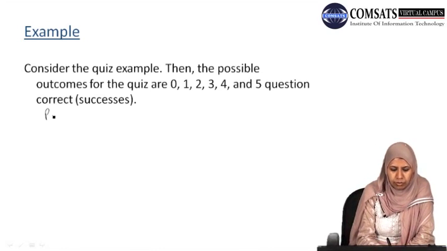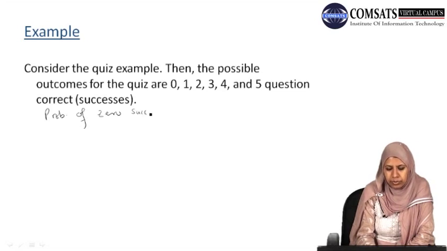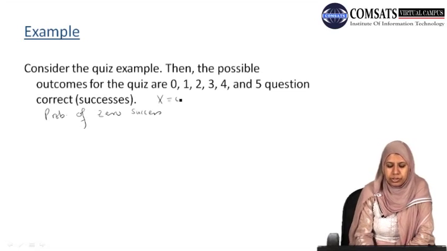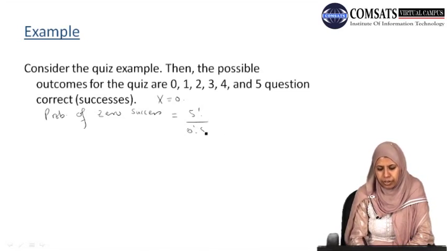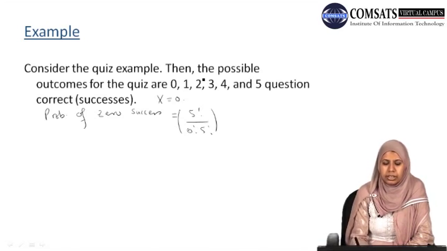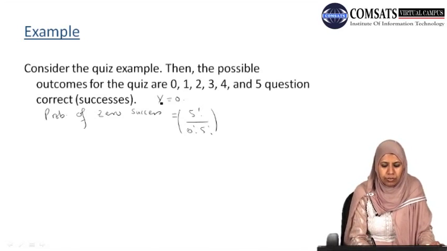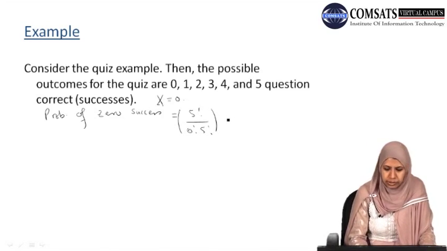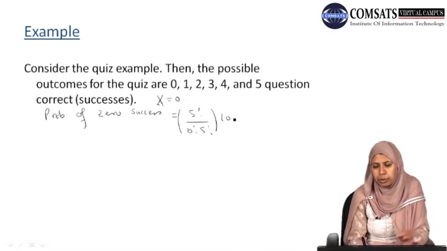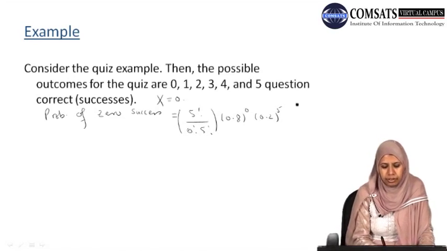So the probability of 0 success, that is when capital X is equal to 0, will be the number of ways, that is 5 factorial divided by 0 factorial into 5 minus 0, which is 5 factorial, and the probability of answering 0 questions correctly out of 5 questions will be equal to 0.8 to the power 0 and 0.2 to the power 5.